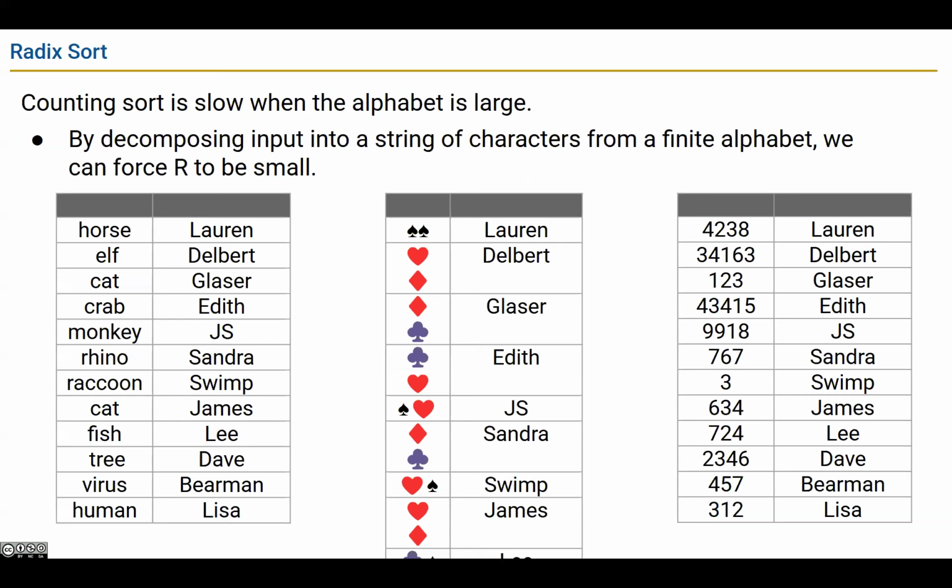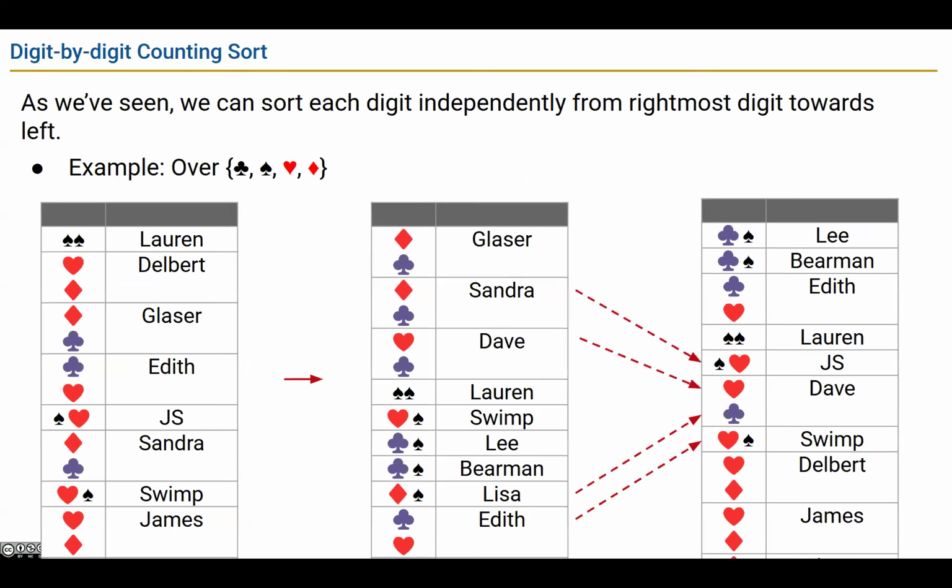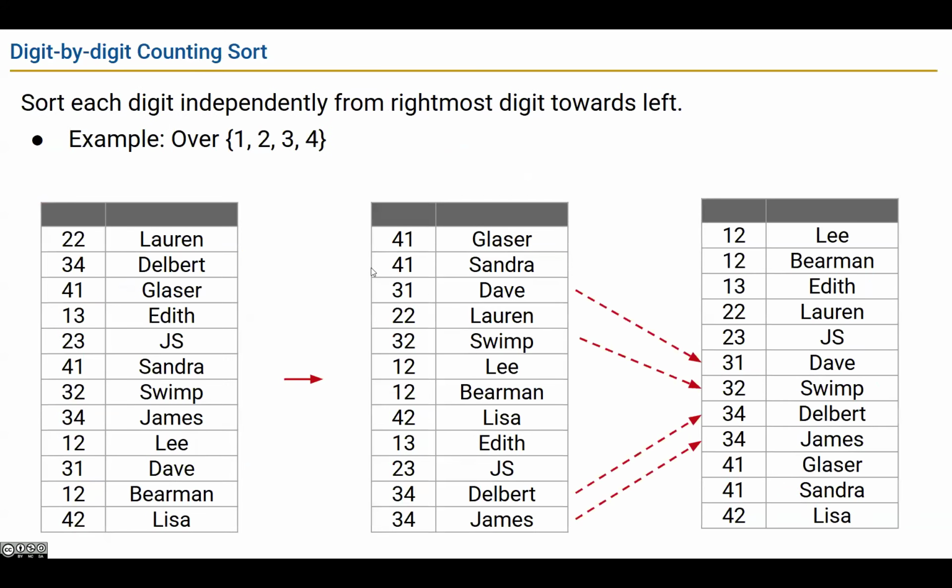So here's the idea for radix sort. We use counting sort as a step in our digit by digit sort. Here's how our digit by digit sort works. If we can use counting sort as this intermediate step, then this is going to work nicely.